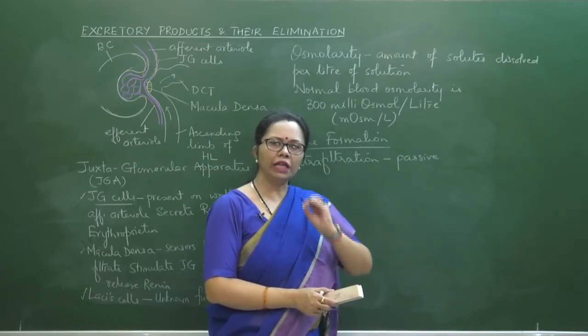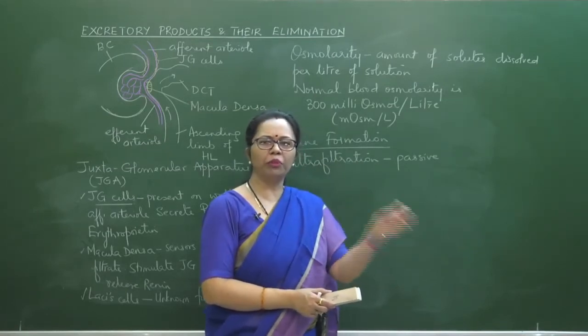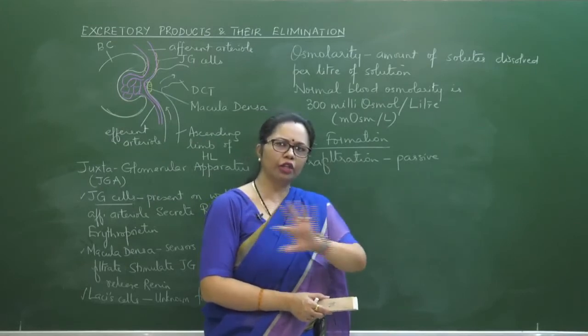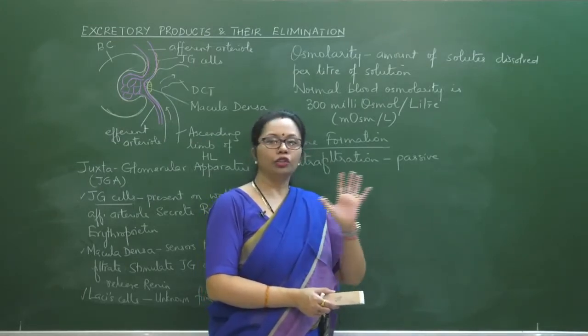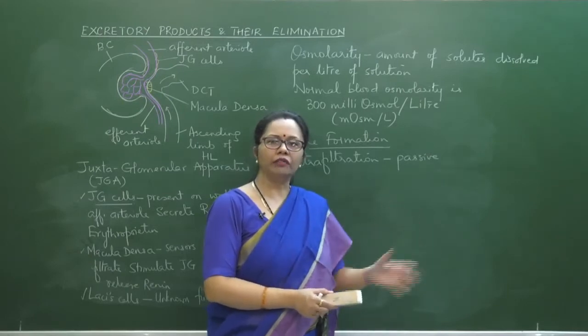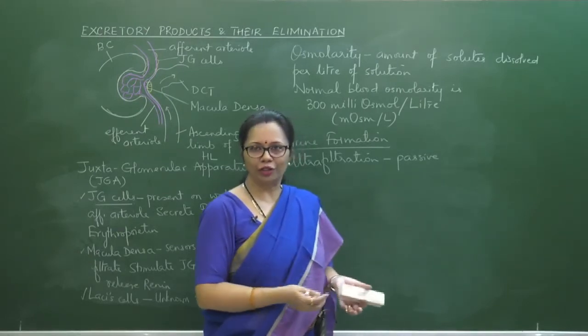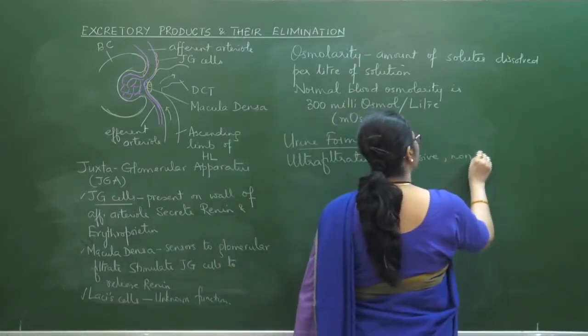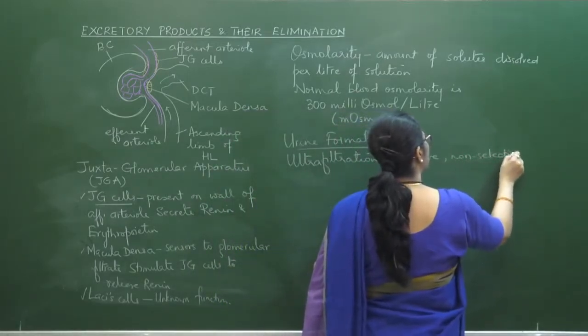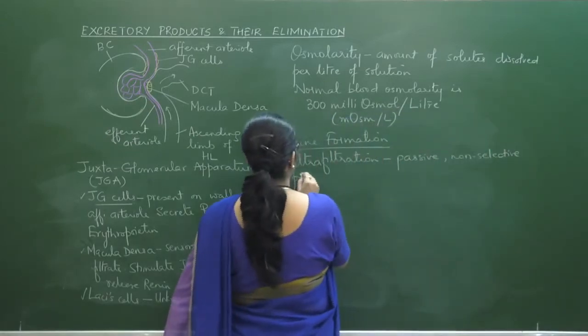Non-selective means anything that can pass through the filtration membrane, if its size is small enough, will cross. It is not selective. If it was selective, the next two steps would not be needed. So it's a passive, non-selective process.